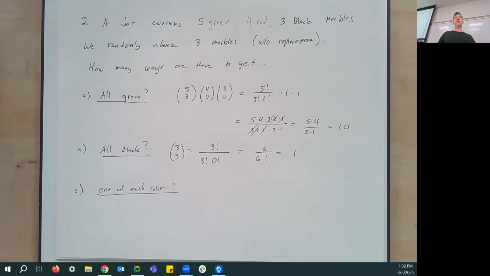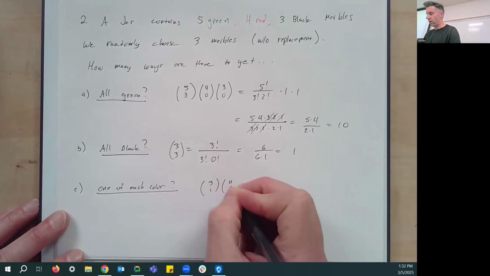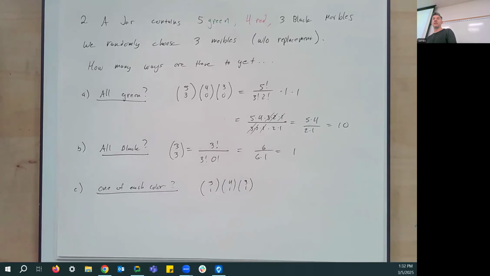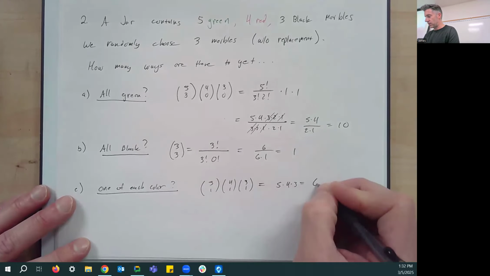How many ways are there picking a red marble? How many ways are there picking a black marble? So it's going to be 5 times 4 times 3. I'm just writing it in the notation that's a little bit more purposeful here. It's 5 choose 1 times 4 choose 1 times 3 choose 1. That's just going to be 5 times 4 times 3, which is 60.